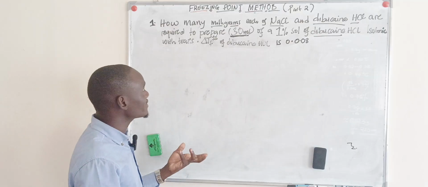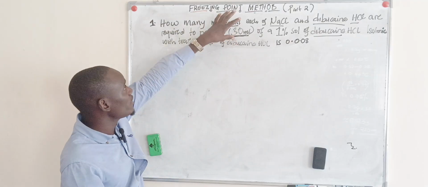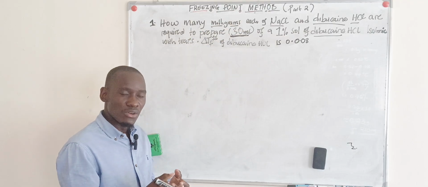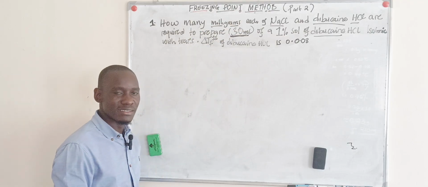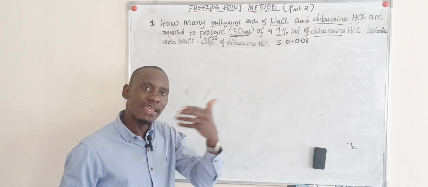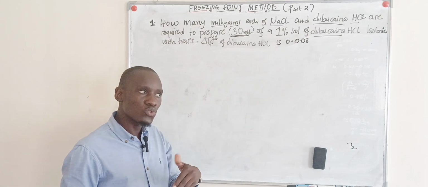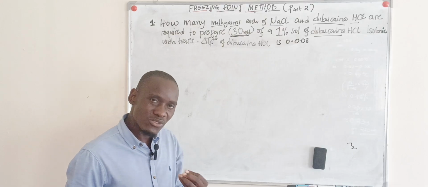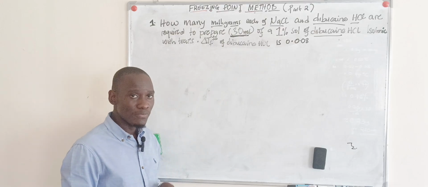In part 1, we were simply calculating the percentage required for the adjusting substance. Here we are going to go an extra mile to find out what quantity of sodium chloride is required to adjust such a solution to isotonicity.